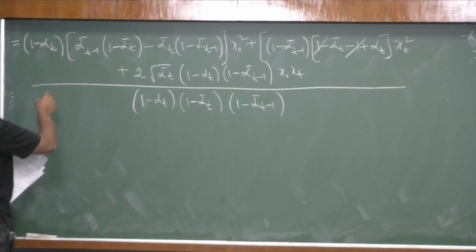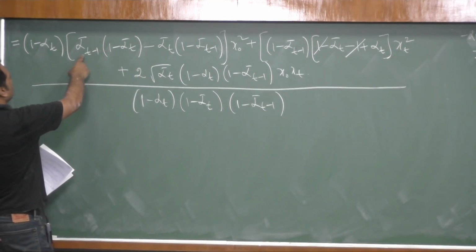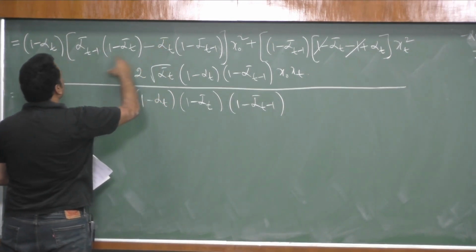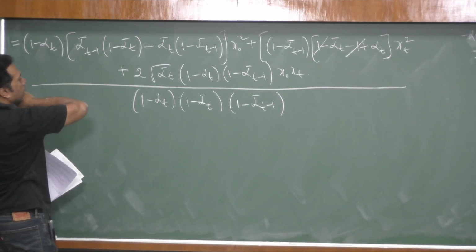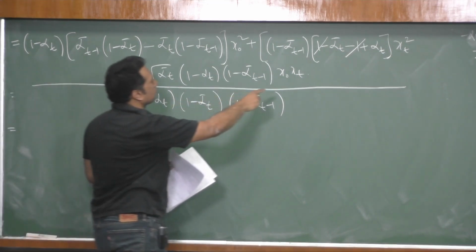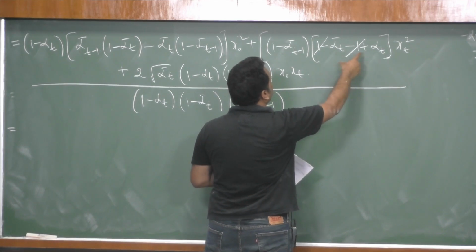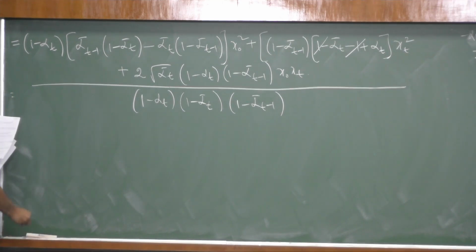One more thing is that this is a product, so there is alpha bar t minus 1 common here, right? So I take alpha bar t minus 1 common, so that's one step. And the second step is alpha t common, then we will have 1 minus alpha bar t, and 1 minus alpha bar t will become square. That is our next step. Okay, these two changes we will do.